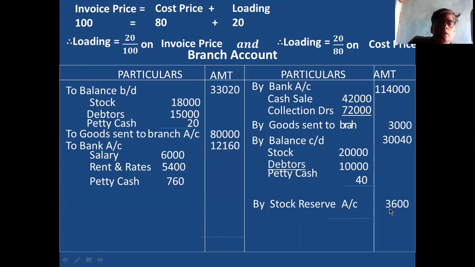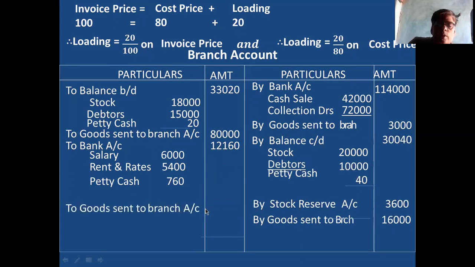Okay, 3,600. And next is on goods sent to branch. You write by goods sent to branch, 80,000 into 20 by 100, that is 16,000. And come to the debit side. First is goods sent to branch, that is return.